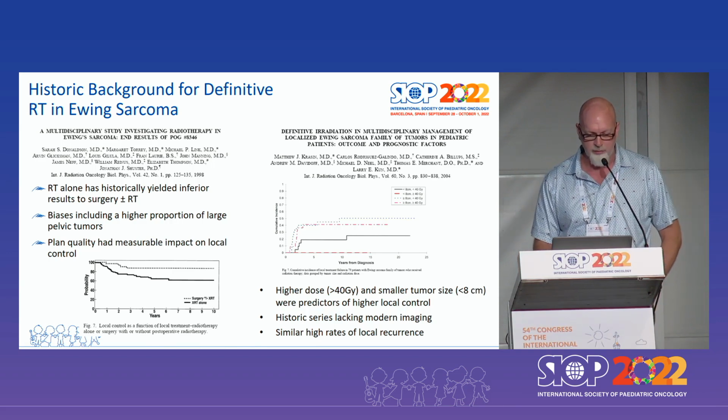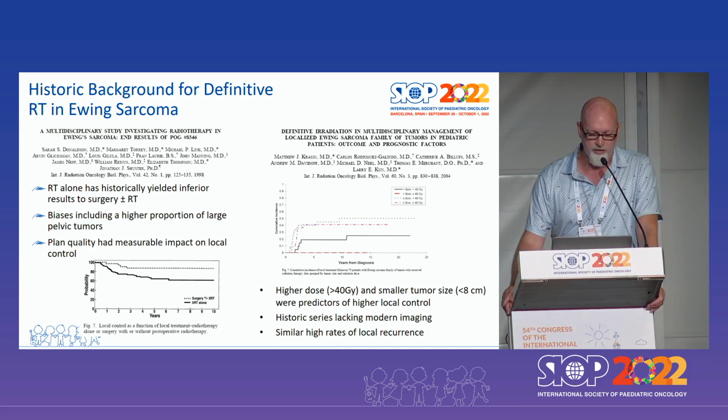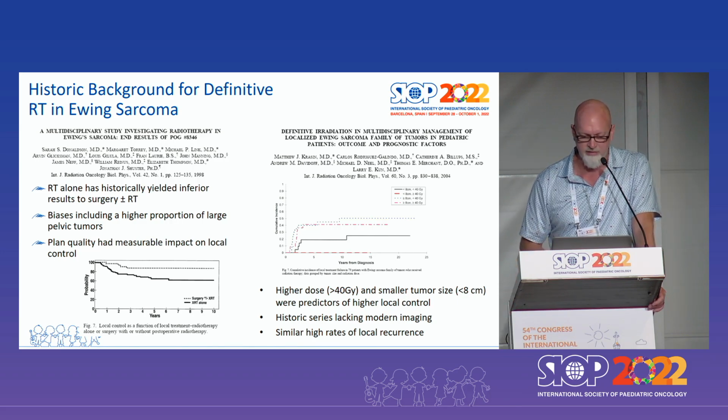The POG 8346 trial that Sarah Donaldson reported quite a few years ago demonstrated that, at least in the North American cohorts of patients, surgery with or without radiation had a significantly higher local control rate than radiation therapy alone. There are obviously biases that may have been partially responsible for these lower local control outcomes.